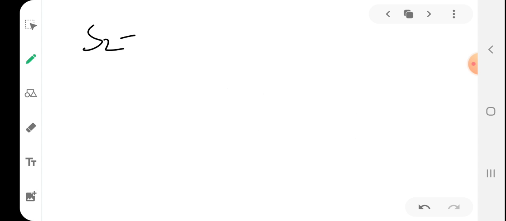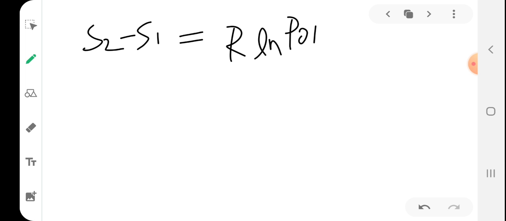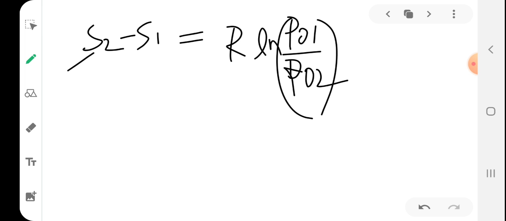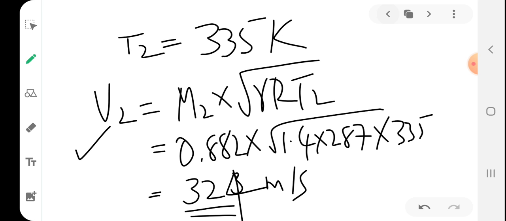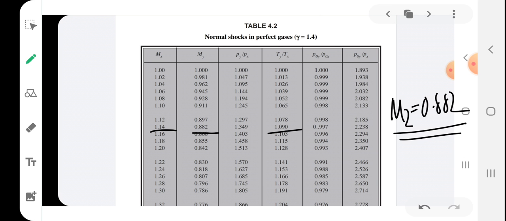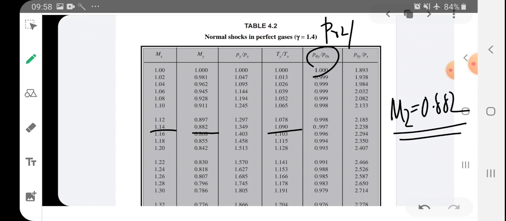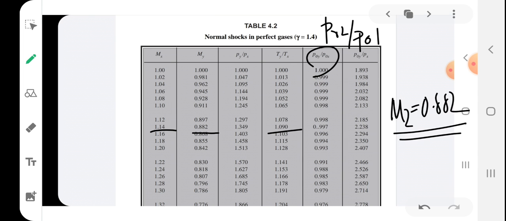Now we are asked to find S2 minus S1. Students, you know the equation for S2 minus S1 as R log P01 by P02. You have learned this, so you should know the equation for change in entropy. This may not be given in your data book, but the ratio P02 by P01 is given in the data book. It is 0.997.